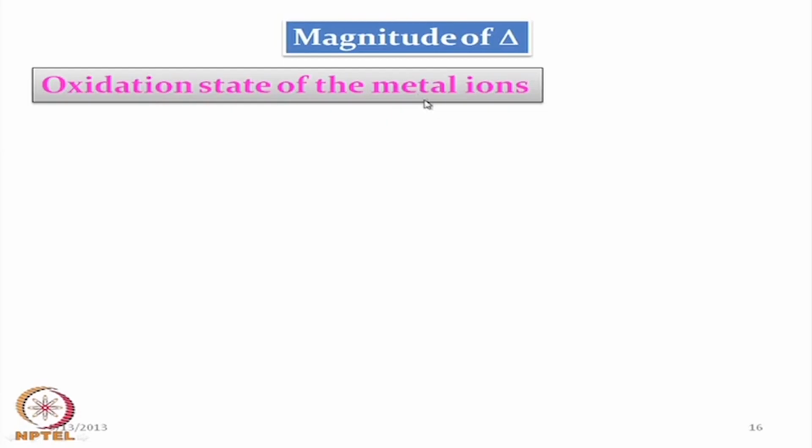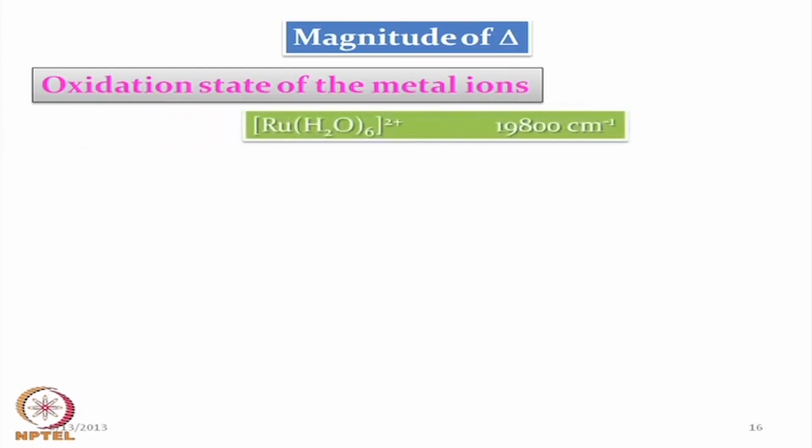If the oxidation state changes, we can have different values for these, such as ruthenium in +2 oxidation state, where 6 water molecules are surrounding this particular ruthenium in octahedral geometry, and in inverse centimeter scale it will be 19,800.